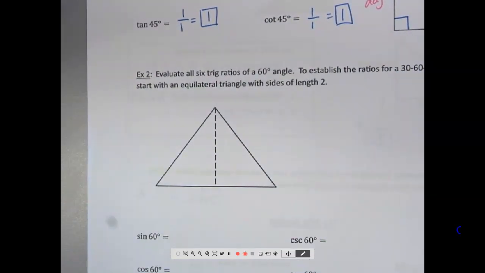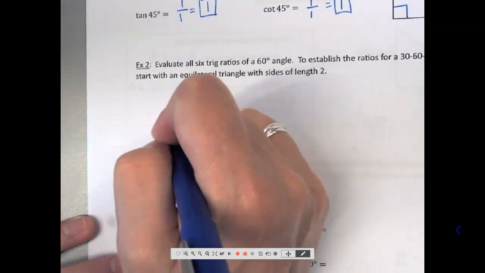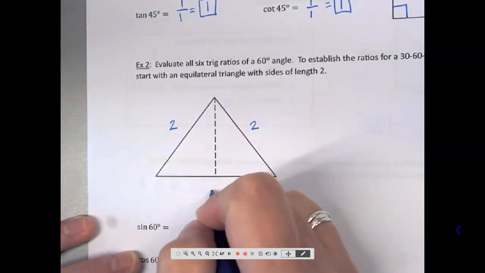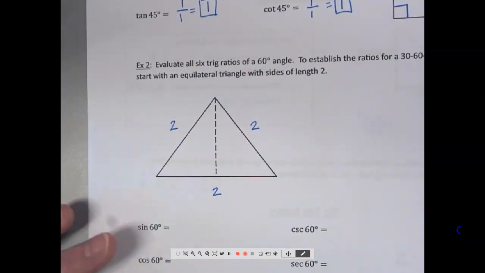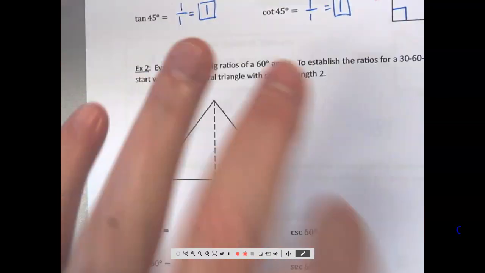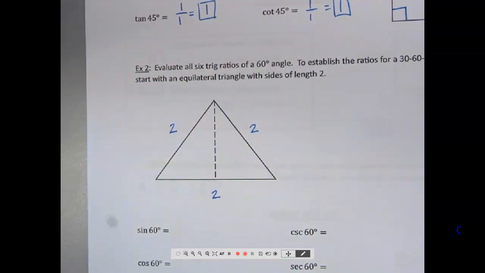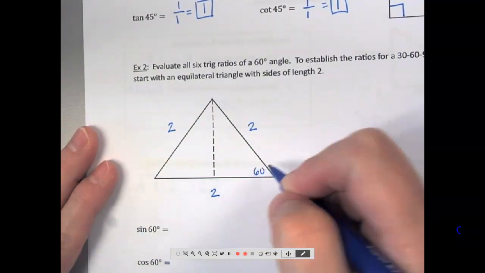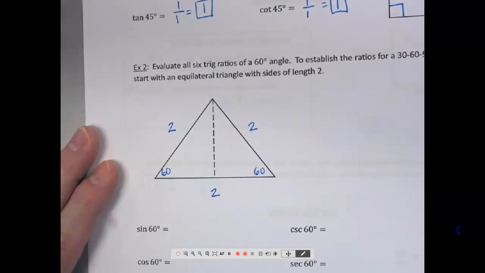Evaluate all 6 trig ratios of a 60-degree angle. To establish the ratios for a 30, 60, 90 triangle, we're going to start with an equilateral triangle with sides of length 2. Okay, so I'm starting with a 60, 60, 60 triangle, an equilateral. However, okay, so this is 60, and this is 60.